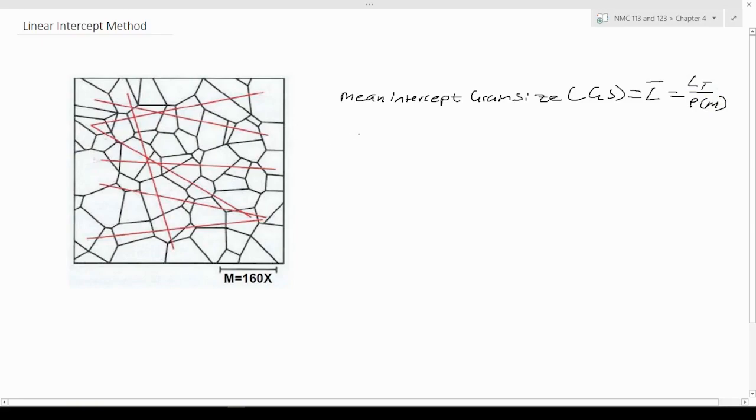Let me identify all these parameters. LT is the total length of all the lines drawn on the micrograph.